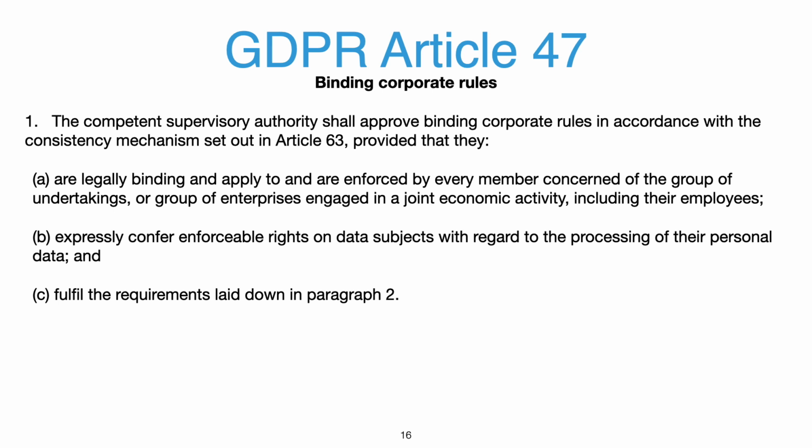Article 47 addresses binding corporate rules. So there may be a group of enterprises that have rules, and the members of that group are bound by these rules. But for it to work, these rules have to expressly confer enforceable rights on data subjects with regard to the processing of their personal data.